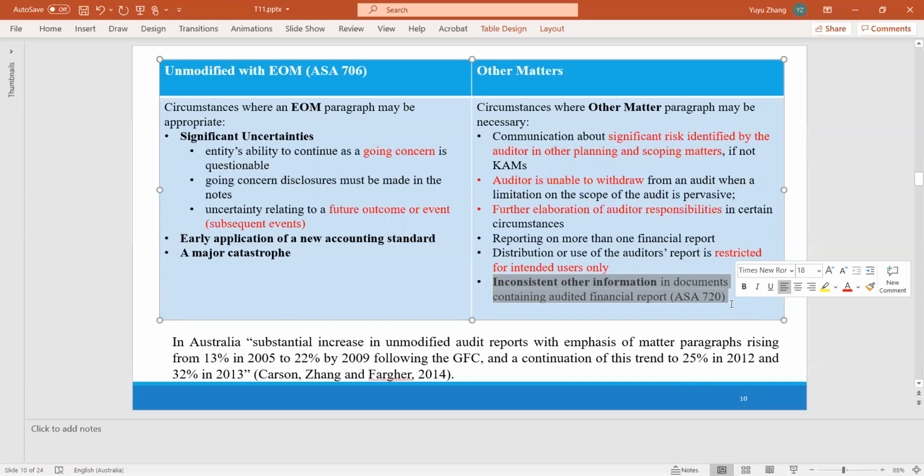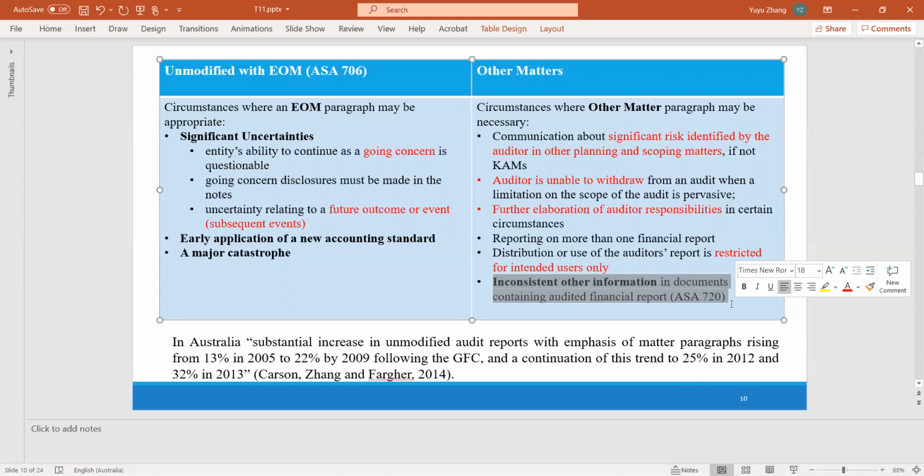What does that mean? For example, we know in auditors' auditing scope, auditors are auditing the financial statements and notes and also the directors' declaration, right? So auditors do not have the auditing responsibility over other parts of the annual report.